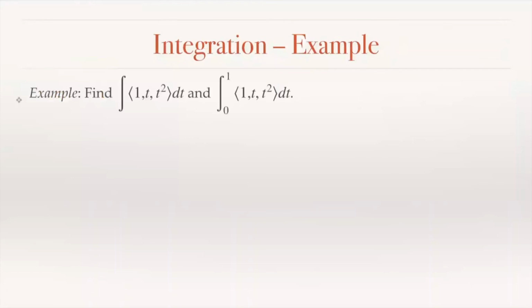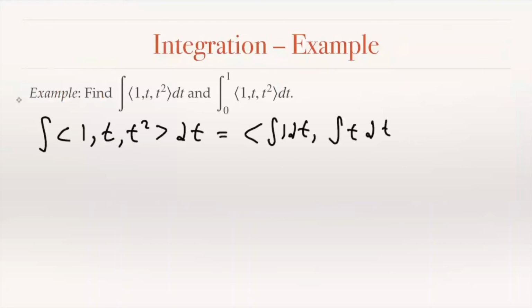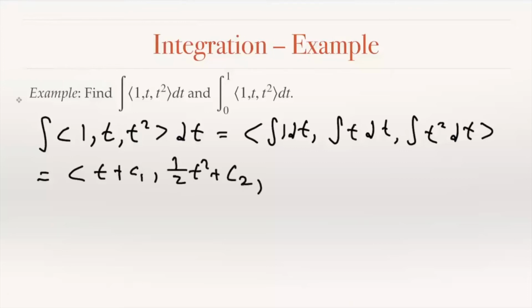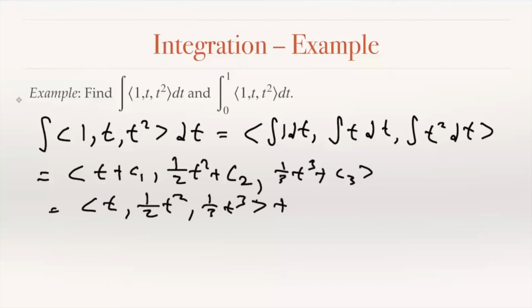So let's do an example. The indefinite integral of 1, t, t squared dt is integral of 1 dt, comma, integral of t dt, comma, integral of t squared dt, is t plus an arbitrary constant, c1, comma, 1/2 t squared, plus an arbitrary constant, c2, comma, 1/3 t cubed, plus an arbitrary constant, c3, and that's t, 1/2 t squared, 1/3 t cubed, plus c1, c2, c3.